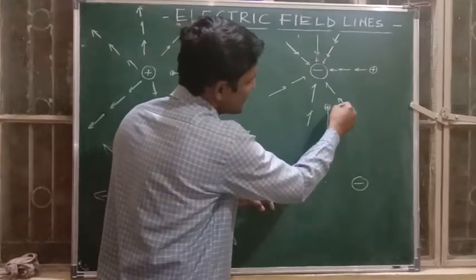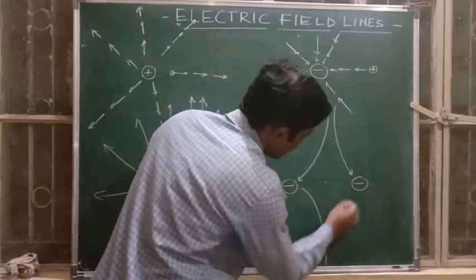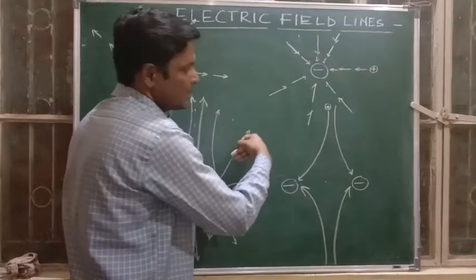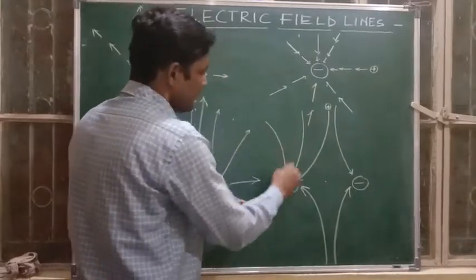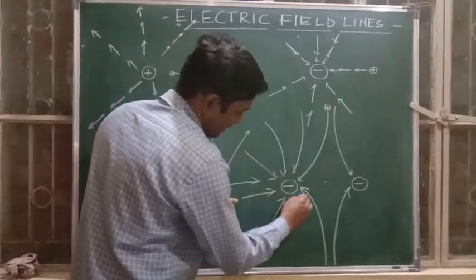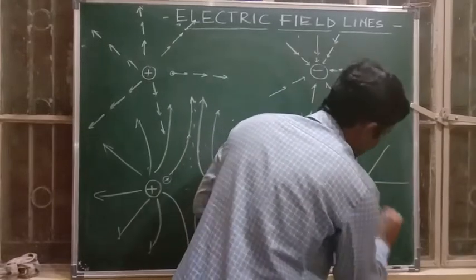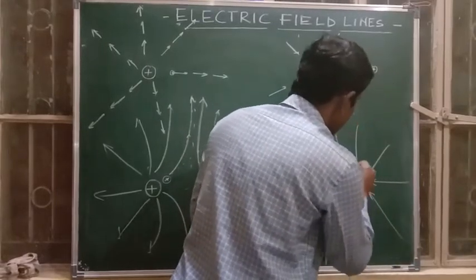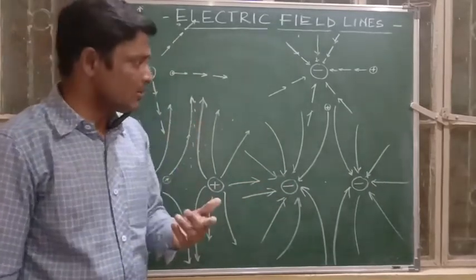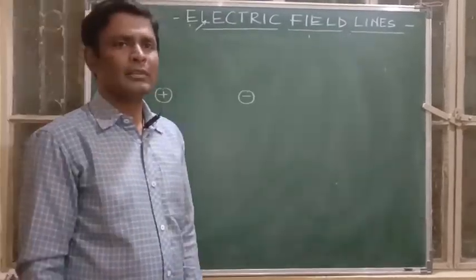But if this charge is placed here, it will be moving in this direction. It will be attractive. It will be toward the charge. Similarly, just check out the force experienced by the positive test charge, and you will be able to draw the lines.